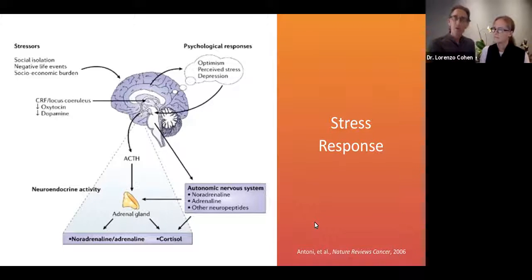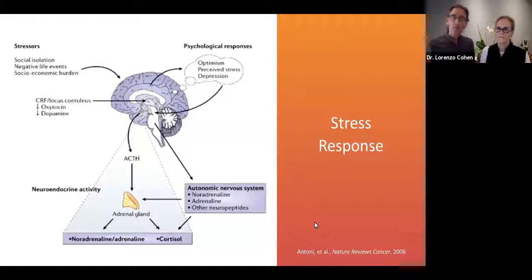They were able to procreate more, etc. We're talking about 100,000, 150,000 years ago, and this is a very old response that's embedded in the deep part of our brain, in particular the amygdala, to be able to activate this stress response.